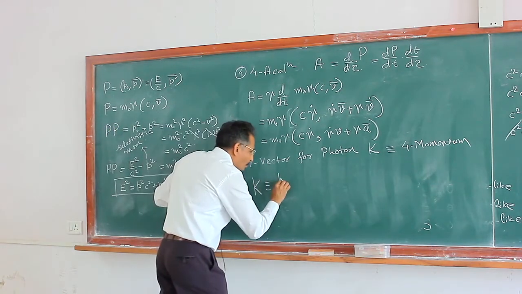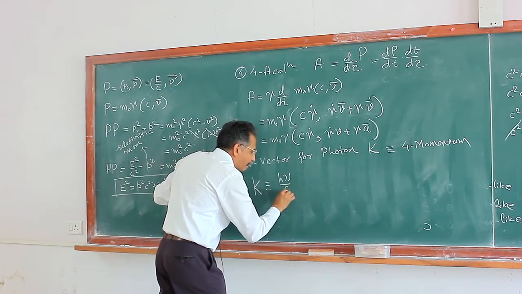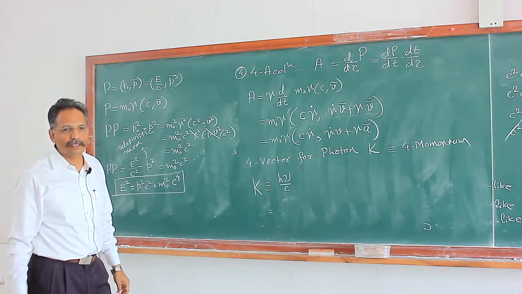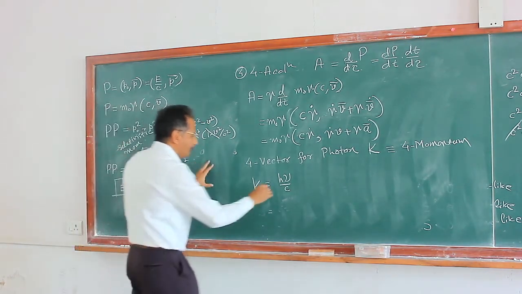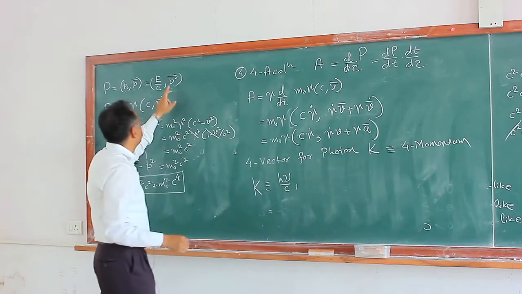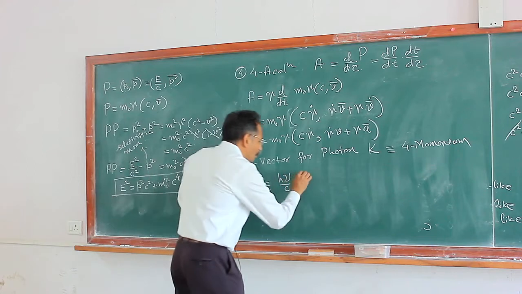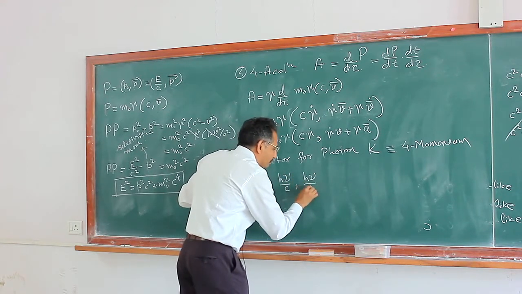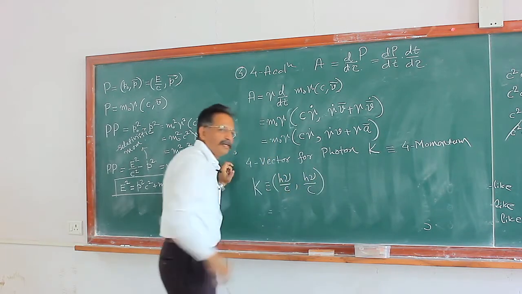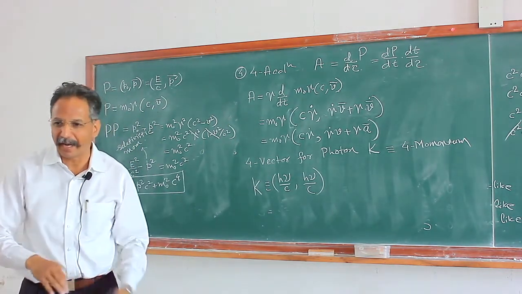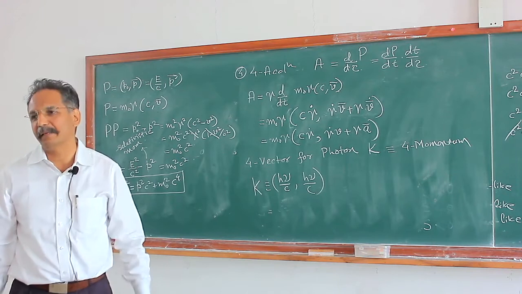So h nu by C is the zeroth component of the momentum, and then next is the momentum. Momentum of the photon, you know that it is h nu by c. So we have both the elements, the zeroth element and the momentum vector the same.